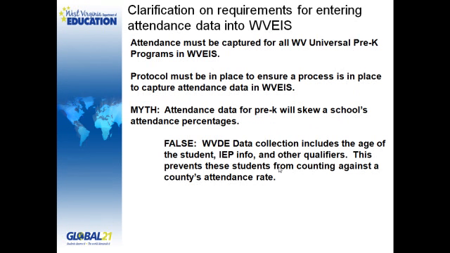One of the big myths out there is that attendance data for pre-K will skew a school's attendance percentages, but we know from the Office of Information Systems that data collection in WVEIS includes the age of the student, IEP information, lots of other qualifiers. So this actually prevents these children from counting against a county's attendance rate.